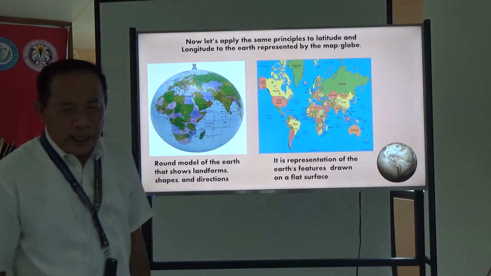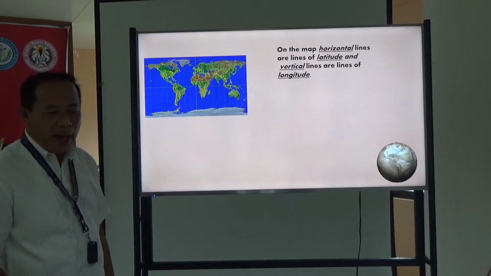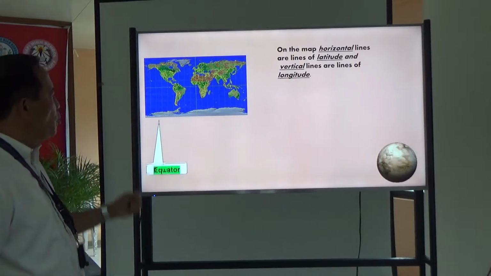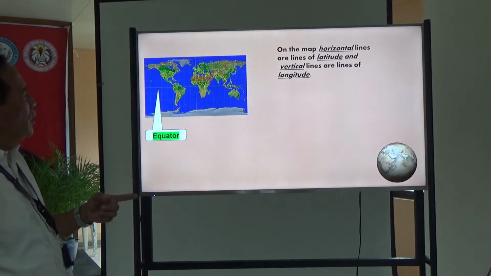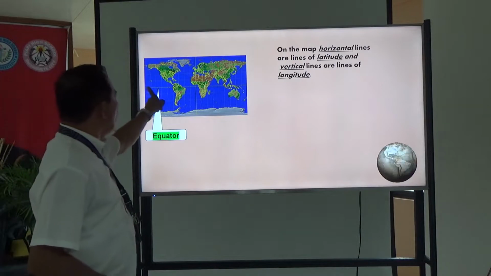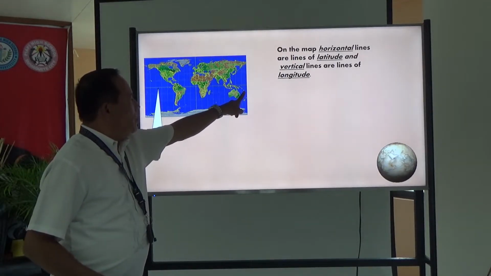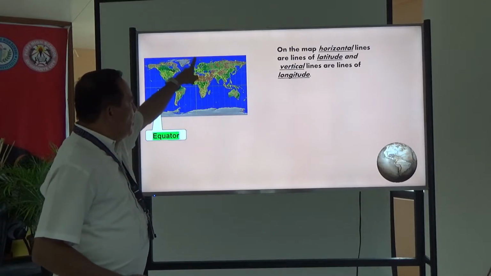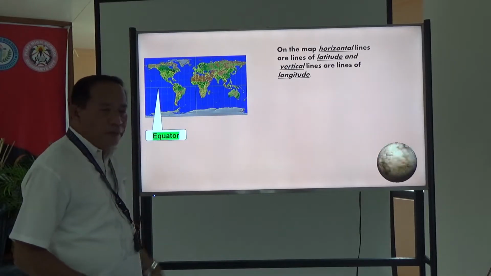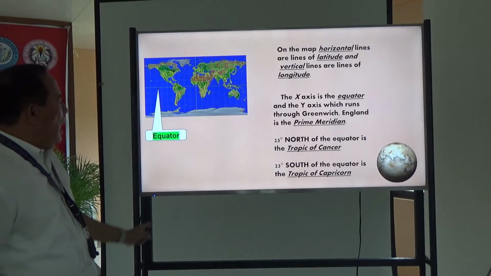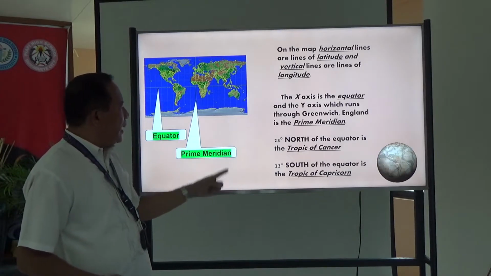And you can see that on your own copy of the map. Okay. On the map, horizontal lines are lines of latitude. The vertical lines are lines of longitude. And the x-axis is the equator.